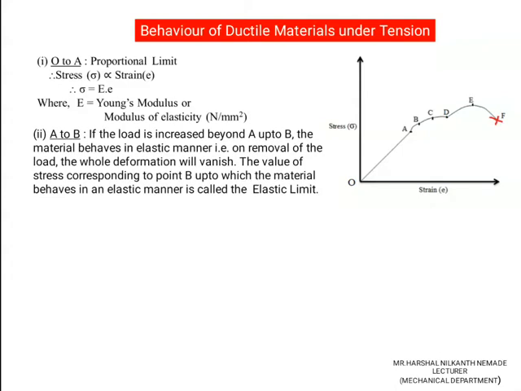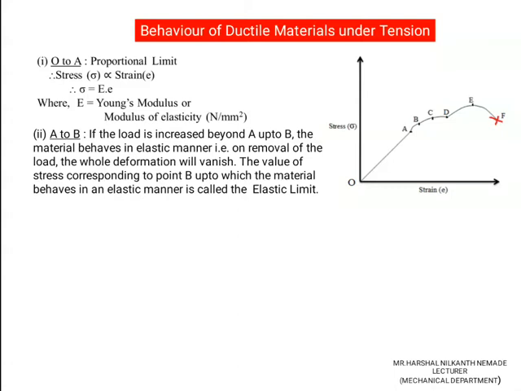Second, A to B. If the load is increased beyond A up to B, the material behaves in elastic manner. That is, on removal of load, the whole deformation will vanish. The value of the stress corresponding to the point B, up to which the material behaves in elastic manner, is called the elastic limit.